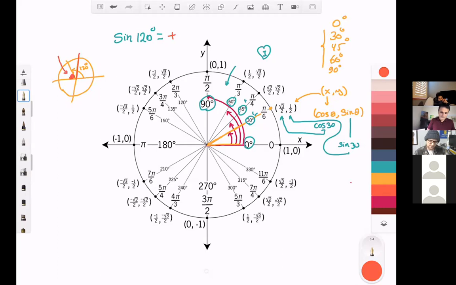How did I get 60 degrees here? Because this is 180 minus 120, 60. So sine of 120 is equivalent to plus sine of 60 degrees. Sine of 60 degrees, you already know it. You don't need the unit circle. Sine of 60 degrees is radical 3/2.